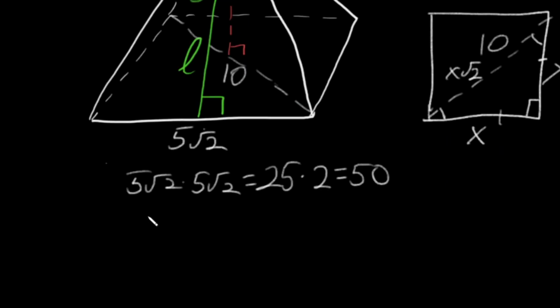Now we need to add to that the 1/2 times perimeter. In this case, we have 5 root 2 all around. So here's 5 root 2, another 5 root 2, and so on and so forth. And that would add up to 20 square roots of 2. So 20 root 2 times our slant height, which was given 5.